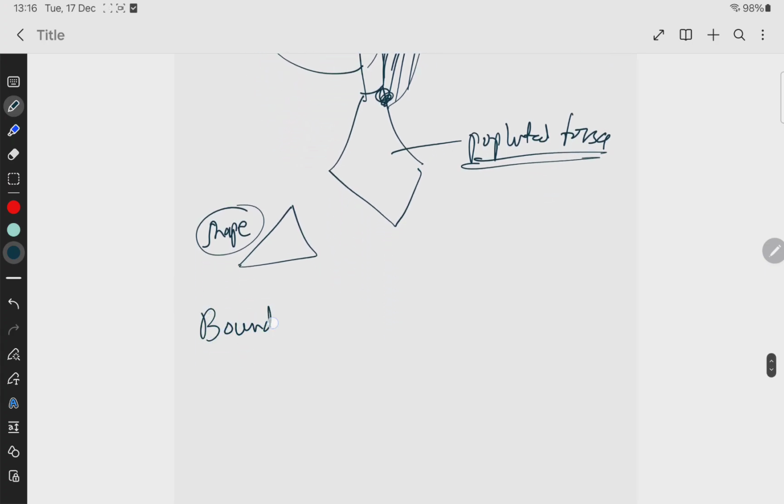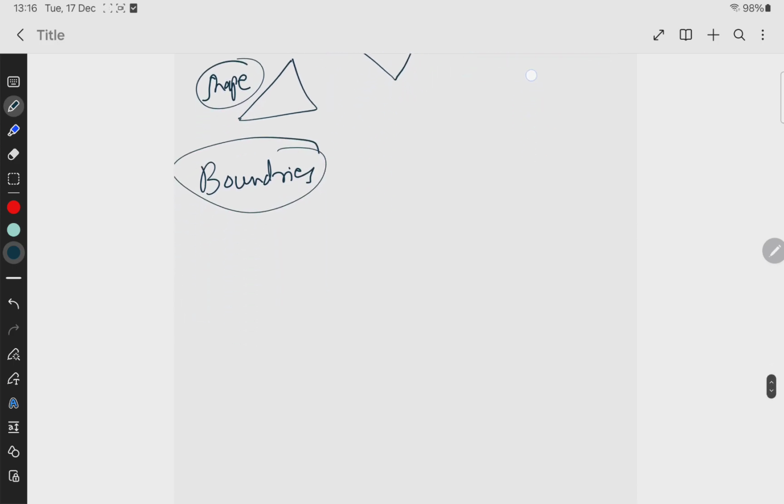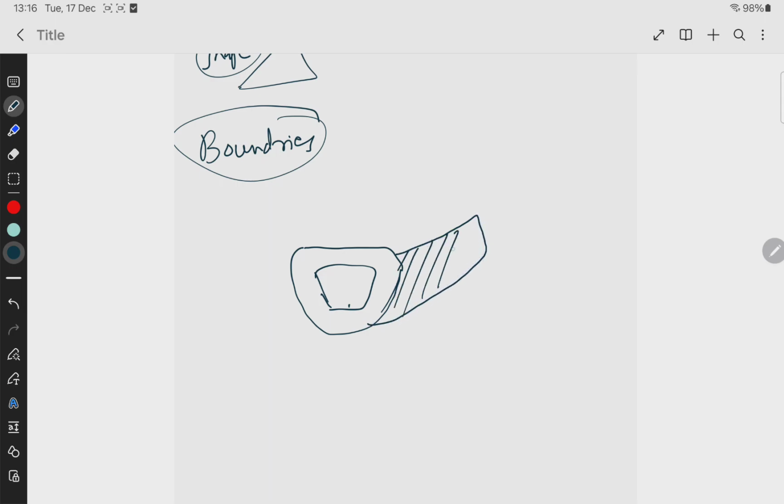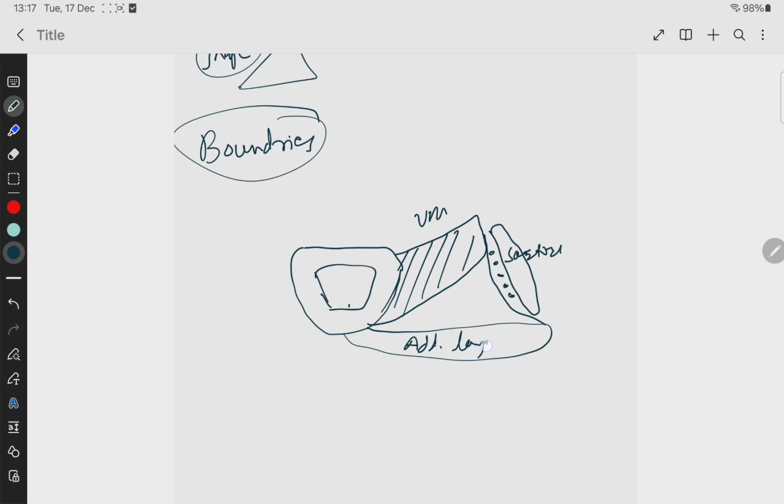Then we come to the boundaries of the adductor canal. If we draw a cross section, this is the femur bone, okay, with its medullary cavity. And here there is a big muscle, that is vastus medialis. Then here comes the sartorius. Deep to it is the subsartorial plexus of nerves, and a deep fascia lies deep to it. Posteriorly lie the adductor longus and magnus, longus in the upper part, magnus in the lower part.